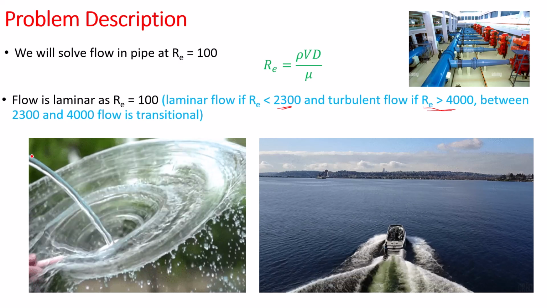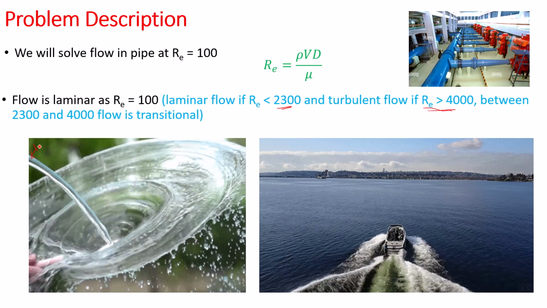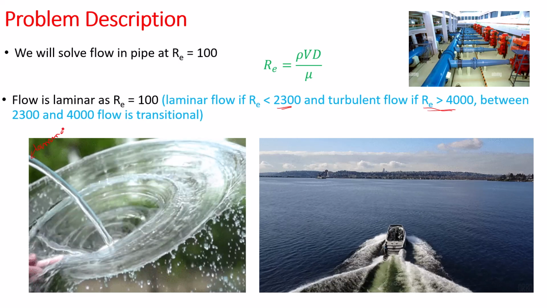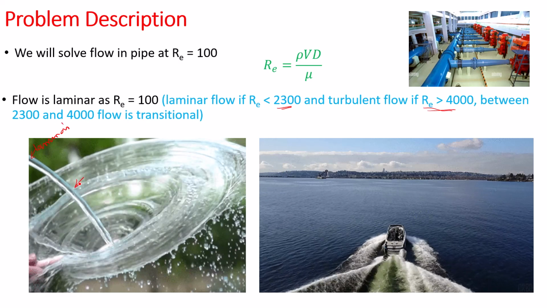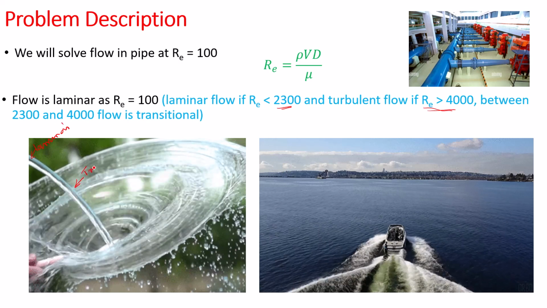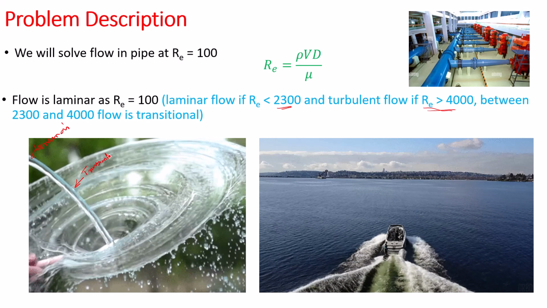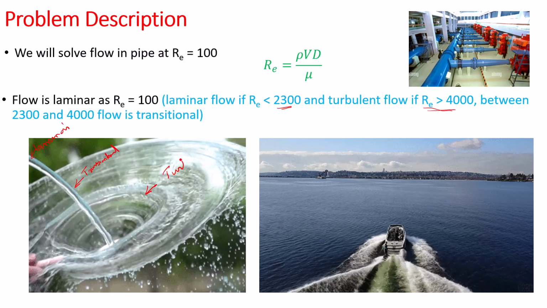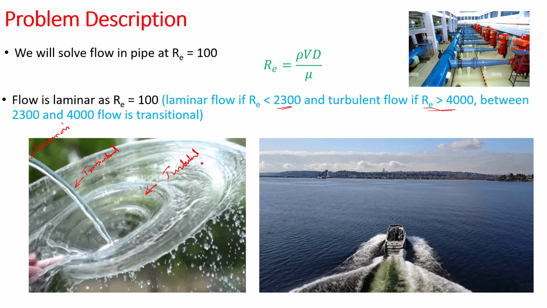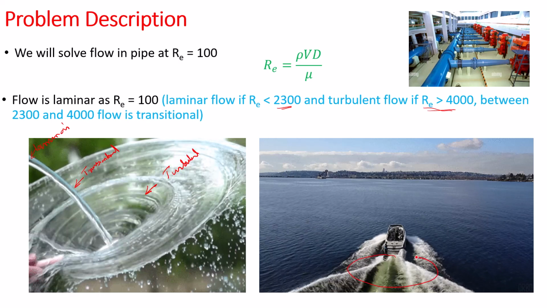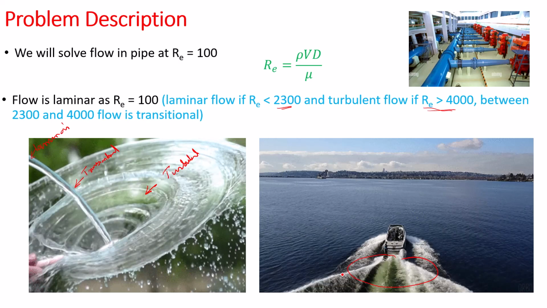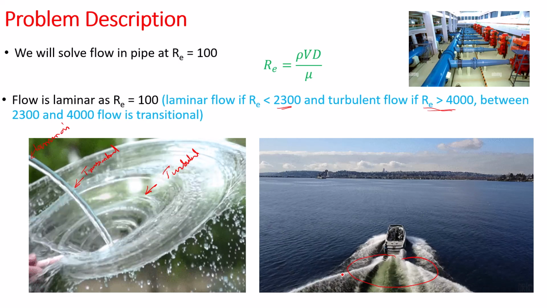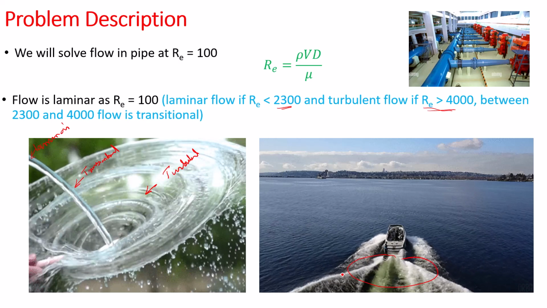Here you can see that initially the flow looks like laminar, and here the flow is going through the transitional phase, and here you can see the flow is fully turbulent. And the downstream of the board you can see is a very good example of the turbulent flow.